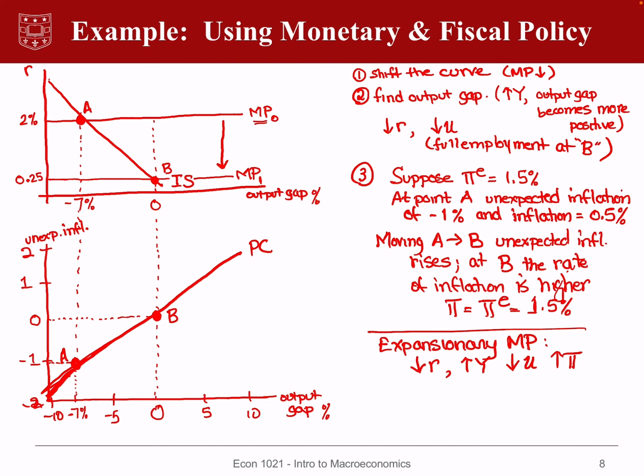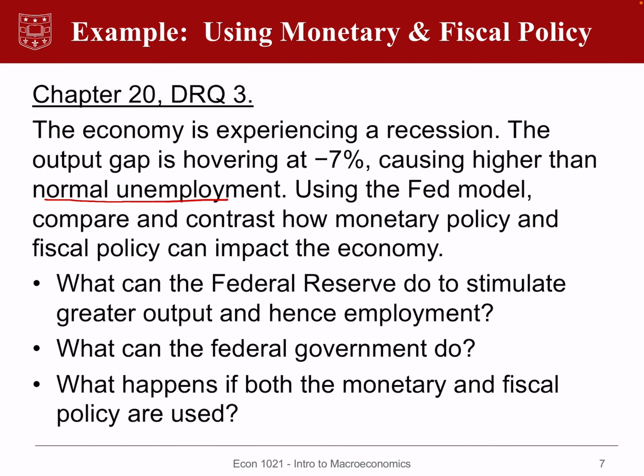Now, the question itself is asking, what could the federal government do? So this refers to fiscal policy. And fiscal policy, from a discretionary point of view, refers to changes in taxes or government expenditures.